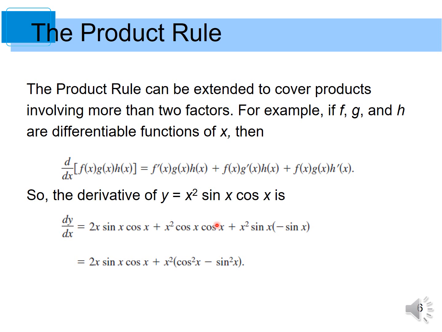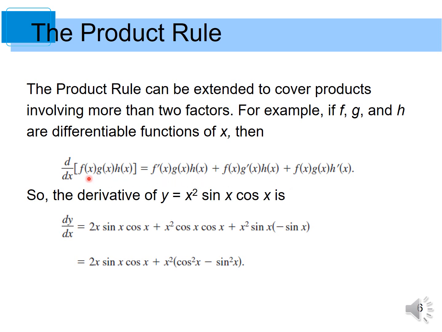The product rule can be extended to cover products involving more than two factors. For example, if f, g, and h are differentiable functions of x, then the derivative of f(x)g(x)h(x) with respect to x is given by this formula.